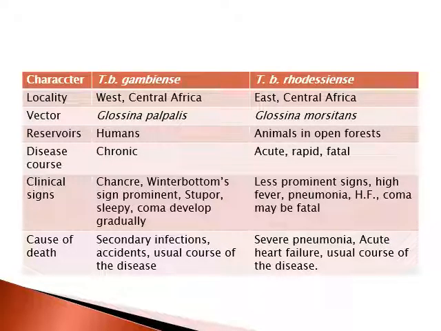Also, we have the reservoirs for the disease. Trypanosoma gambiense is mainly a human disease, while Trypanosoma brucei rhodesiense has animals as reservoirs in open forests.